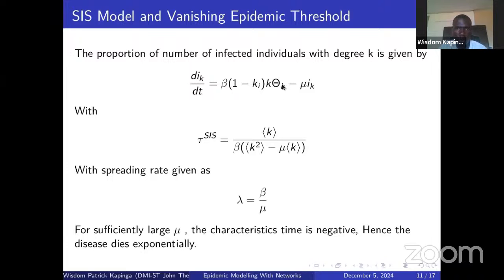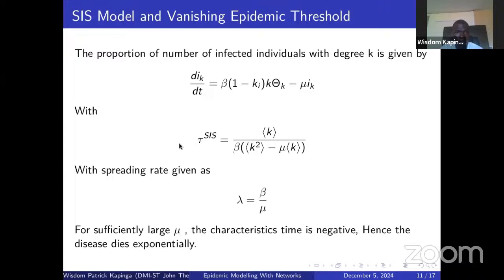This is the fraction of susceptible individuals who are affected in a particular block, and mu here is the recovery rate, and I_K is the number of infected people in a particular block, or the number of infected people with the degree K. So for you to find the number of people who are infected and have degree K, you have to use this model, and as I've already said, this gives you accurate results.